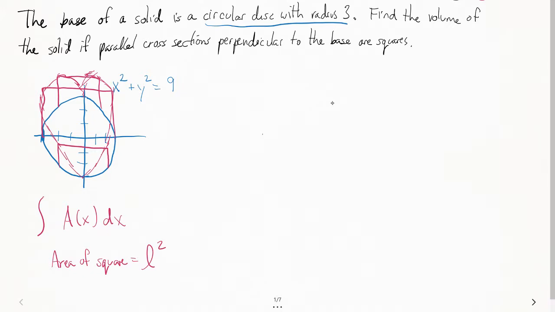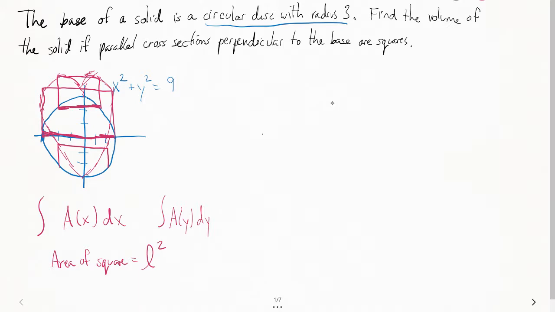Well, one of the sides of the square, so here's a centerpiece right here, that's one of the sides, or in general we have something like this, right? And in this case, since we're going perpendicular to the y-axis, it might behoove us to solve for x and then use A of y dy, and you'll see what I mean by that in just a second.